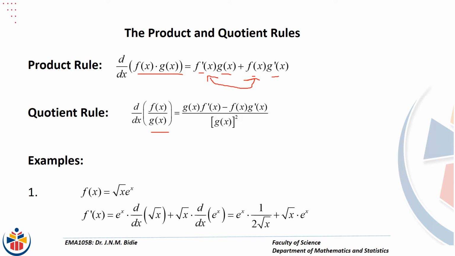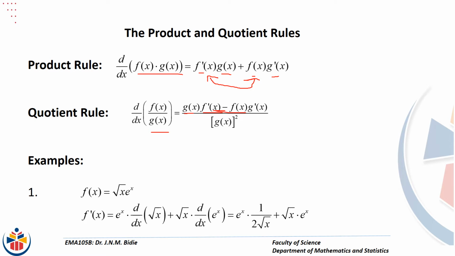Now, when it comes to the quotient rule, it's a different ball game altogether. Note that g of x is in the denominator and f of x is in the numerator. So what you do first, you take the denominator up. So it's the denominator up multiplied by the derivative of the numerator minus the numerator times the derivative of the denominator.